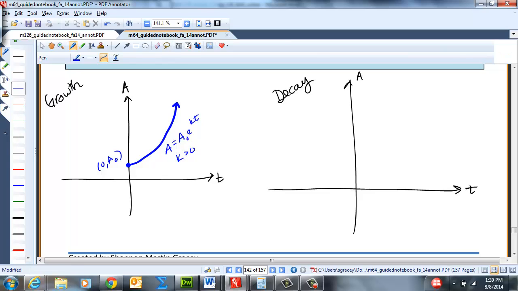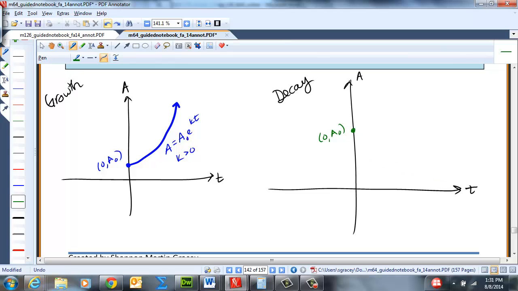Now over here, if you look at a decay model, you'll have an ordered pair, again, it'll be higher probably. You'll have an ordered pair, this would be 0, comma, a0. And this one is going to decay. So it'll go down something like where it goes down towards there.